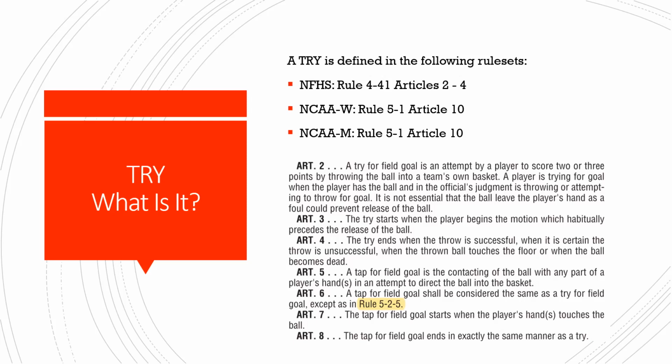A try pretty much is a shot attempt in layman's terms. It's an attempt by a player to score 2 or 3 points by throwing the ball into a team's own basket. A player is trying for goal when the player has the ball and, in an official's judgment, is throwing or attempting to throw for goal. It is not essential that the ball leaves the player's hand, as a foul could prevent the release of the ball. This is a very important article to note.